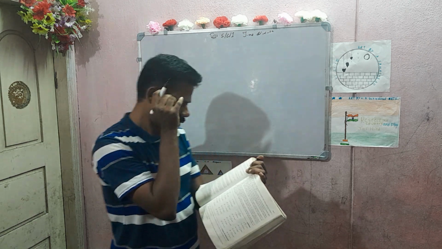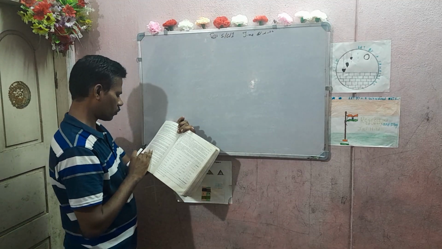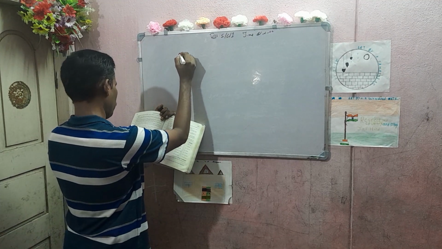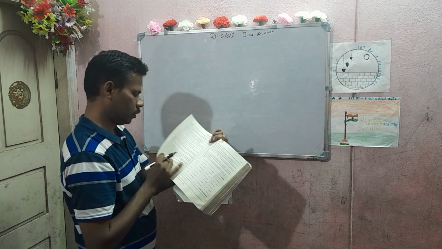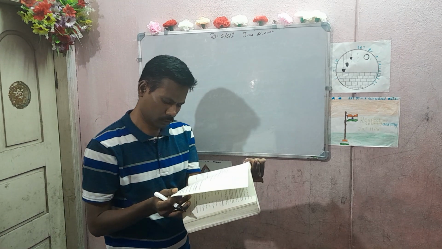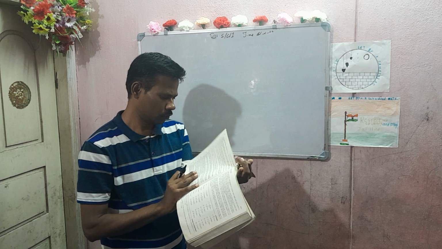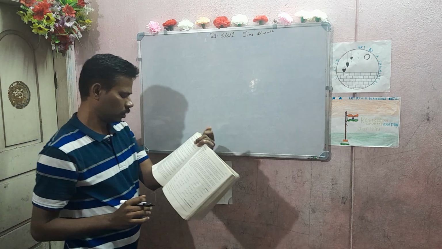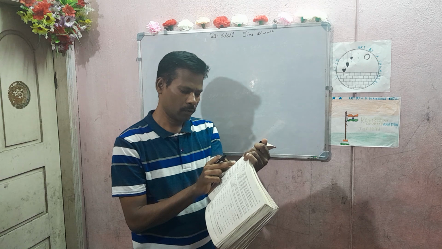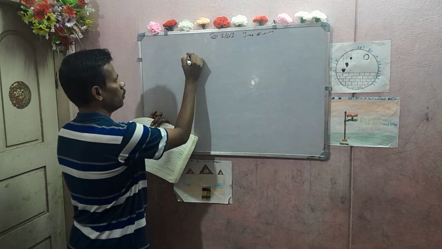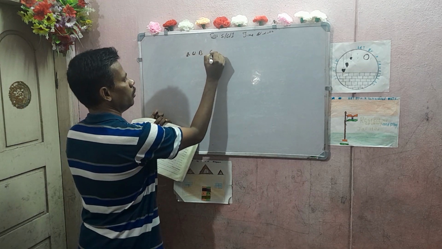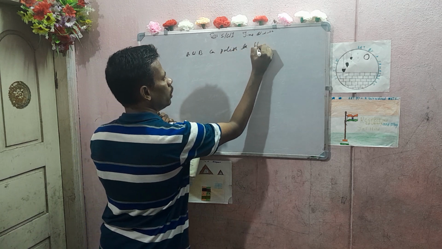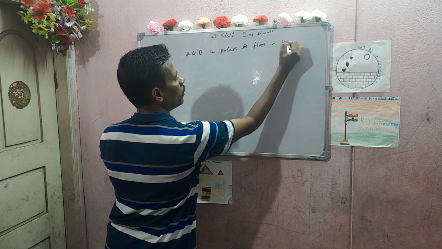So here, A and B can polish the floor in how many days? In 10 days.